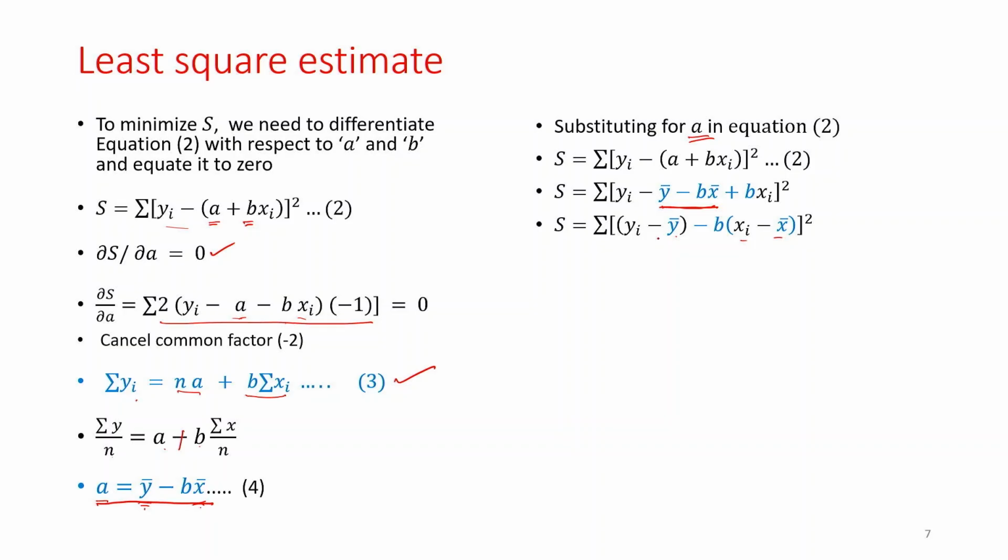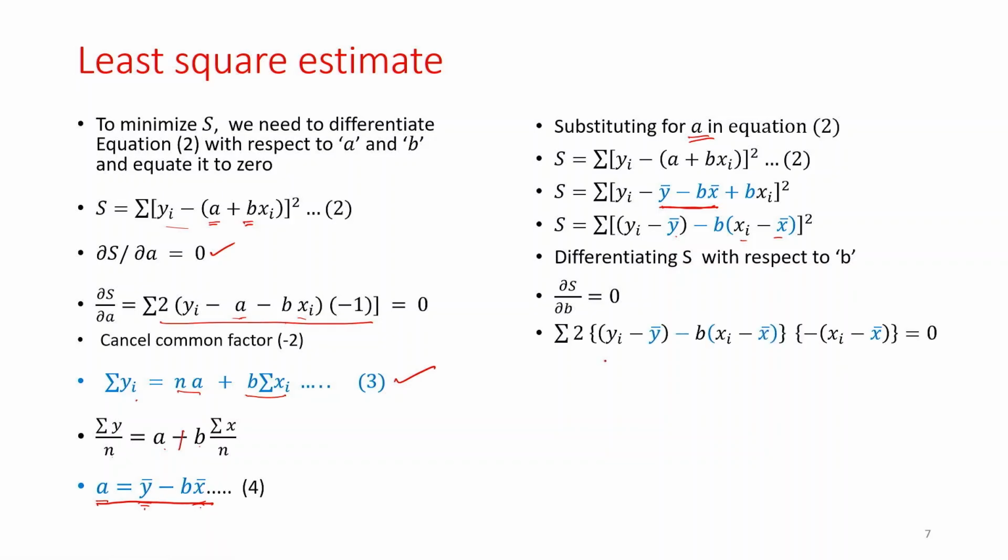Same equation, this is just substituting the value of a, and now we differentiate with respect to b. Now you see, in this equation there is no a left. So with respect to b, this is the differentiated equation now.